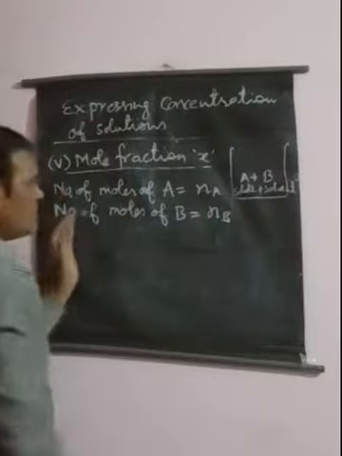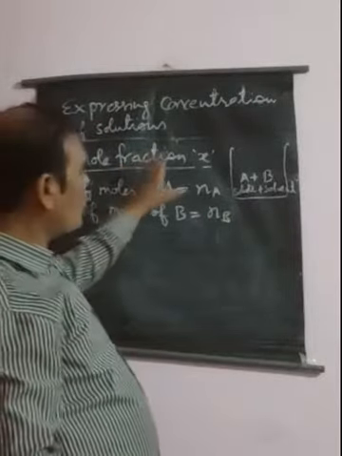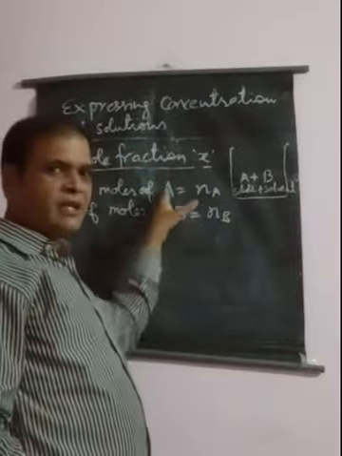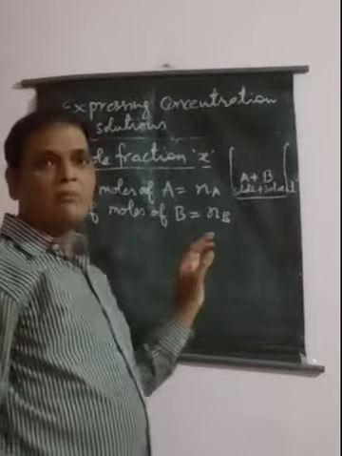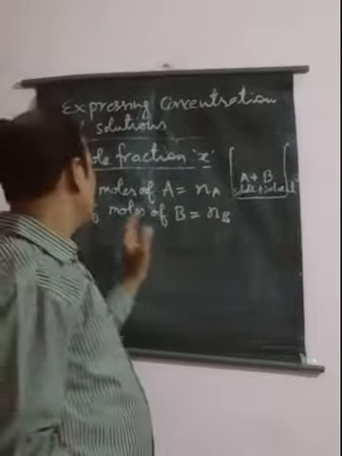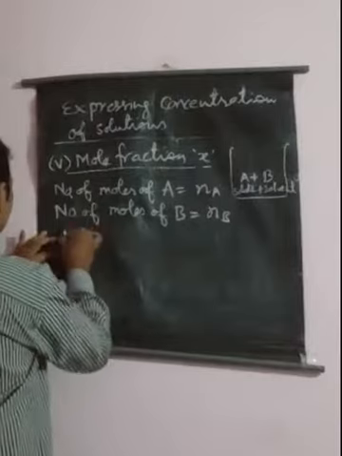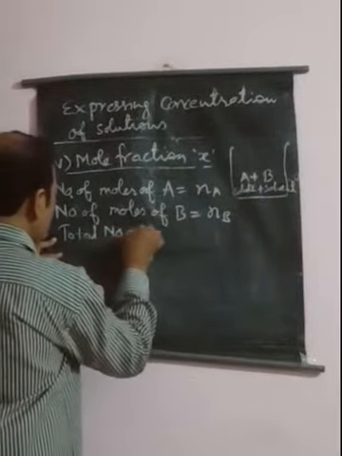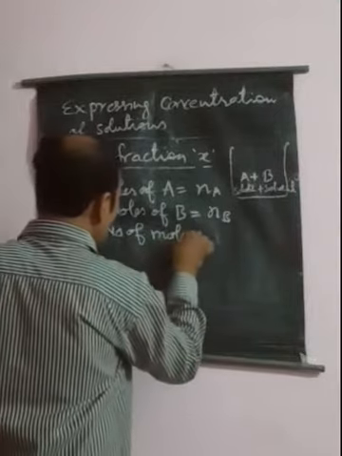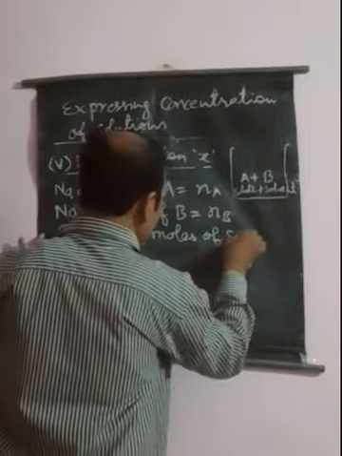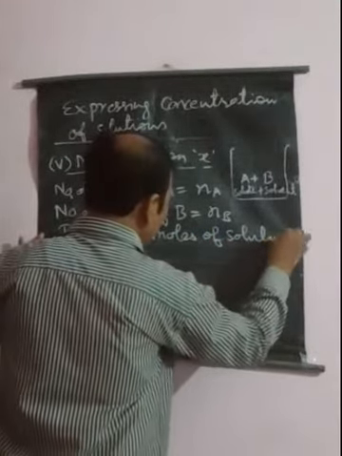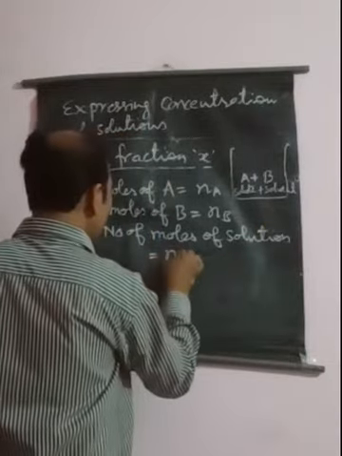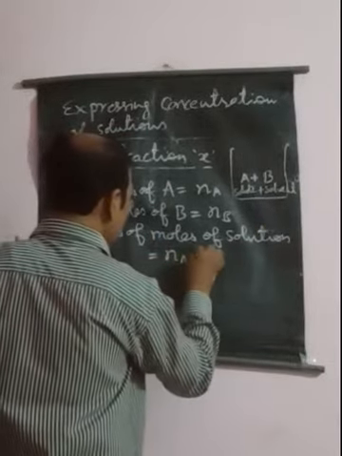So here we are talking about the mole fraction. That's why I am taking here the number of moles of components A and B. So the total number of moles of solution will be equal to nA plus nB.